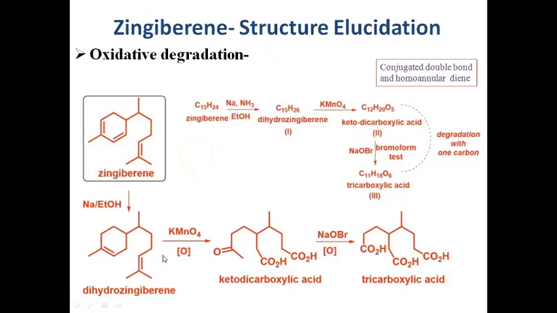This is the probable structure of dihydrozingiberine. That means the conjugated double bond is present here. So this is the probable structure of zingiberine, which satisfies the reactions given in the flow chart.